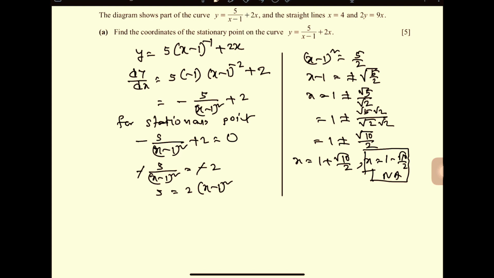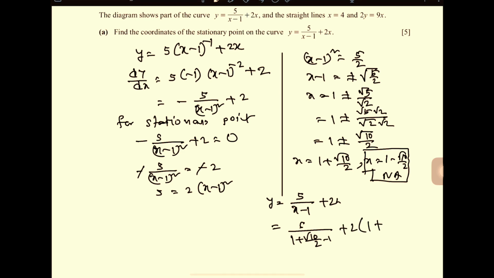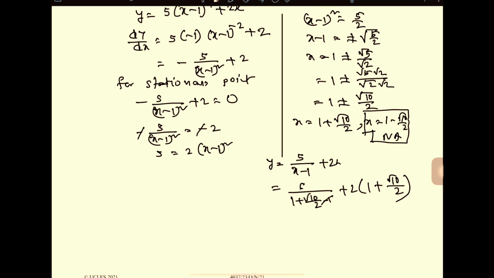Substituting x equals 1 plus root 10 by 2 in y equals 5 by (x minus 1) plus 2x. So that is 5 by (1 plus root 10 by 2 minus 1) plus 2 times (1 plus root 10) divided by 2. So let me simplify. That is 10 by root 10 plus 2 plus root 10.